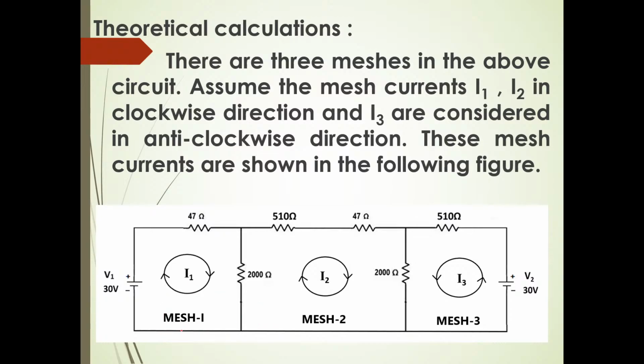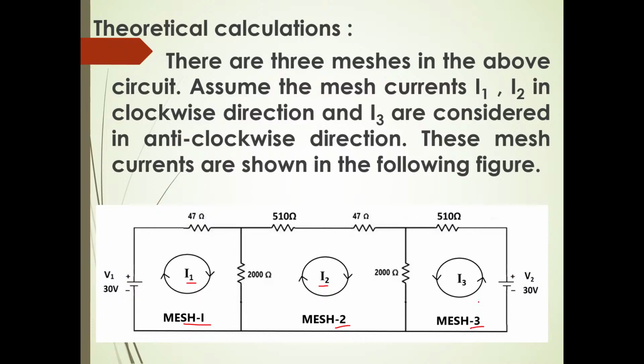If you carefully observe, there are three meshes: mesh 1, mesh 2 and mesh 3. So I'm assuming mesh currents. This is my first mesh or loop current. I can say loop 1, loop 2 and loop 3, three loops. In mesh 1, I have assumed the loop current as I1. In mesh 2, the loop current as I2.